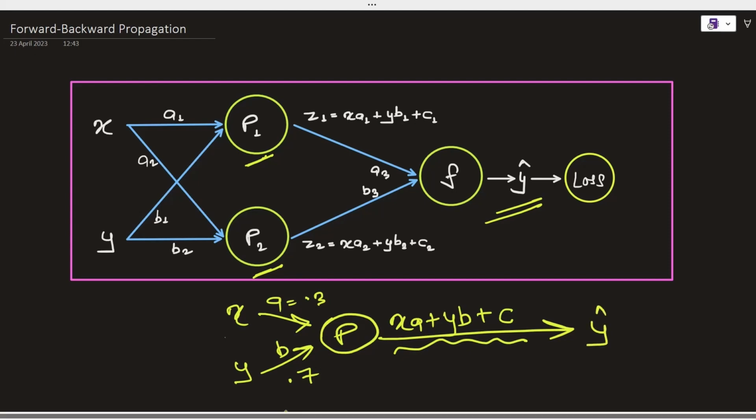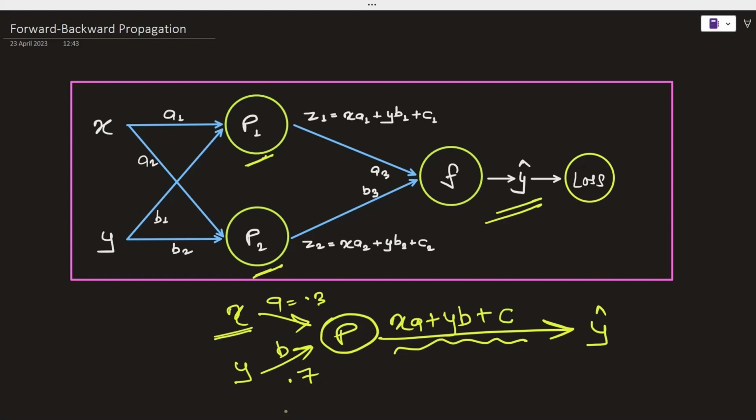This example tells us that the value from feature X has 30% importance towards the prediction, and the other feature Y has 70% importance, or you can say contribution, towards making the prediction Y hat. So these weights or coefficients decide how much importance a particular feature has towards making the prediction.